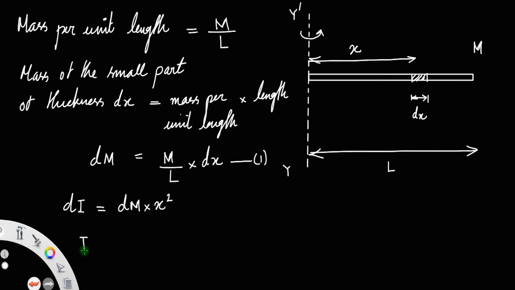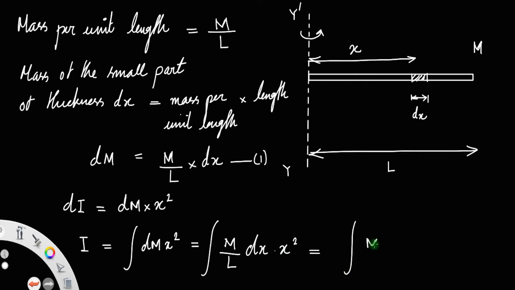So in order to get the total moment of inertia, you must integrate dm x squared. Limit we will give later. Before that, just substitute the value of dm. dm is equal to M by L dx into x squared. This can also be written as the integral of M by L x squared dx.